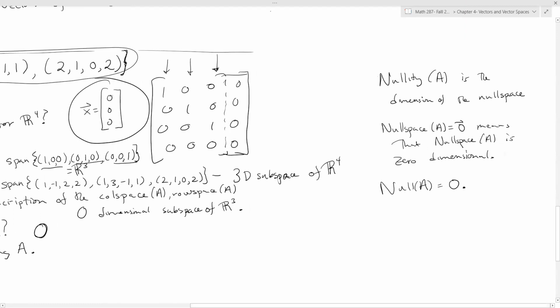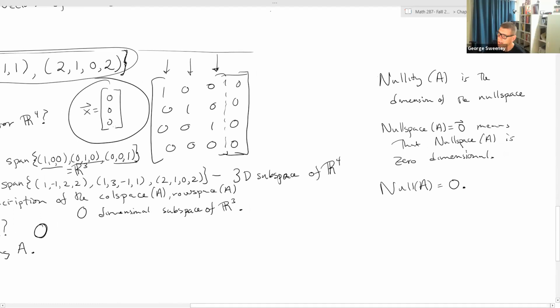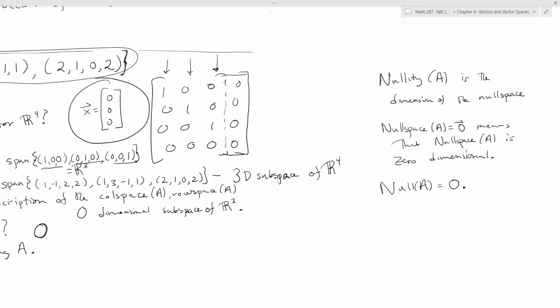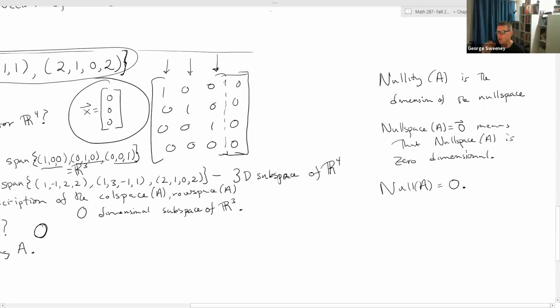Because it's x1 equals 0, x2 equals 0, x3 equals 0. It's only got 3 components, so it's in R3. You just form the vector and then count the components. It's got 1, 2, 3 components. It's in R3.